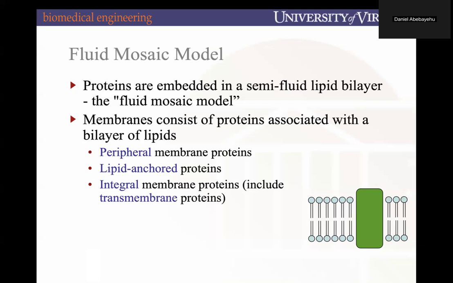And as I described earlier, this is not a stationary structure. So what ends up happening is that these proteins typically will not move in and out of the phospholipid bilayer that way, but rather they'll move in this direction around on a cell membrane.